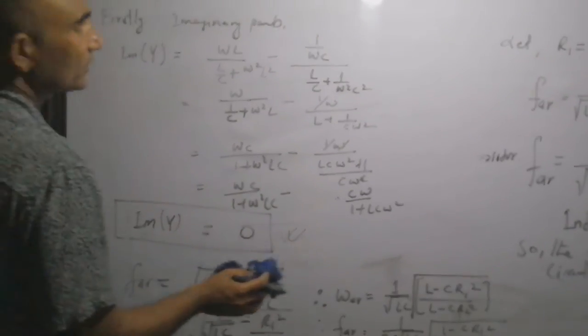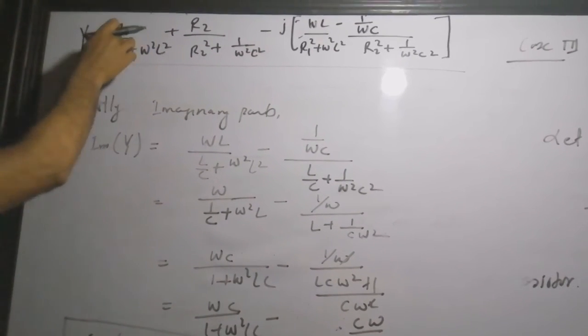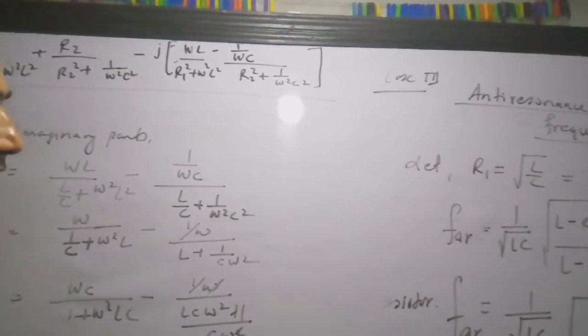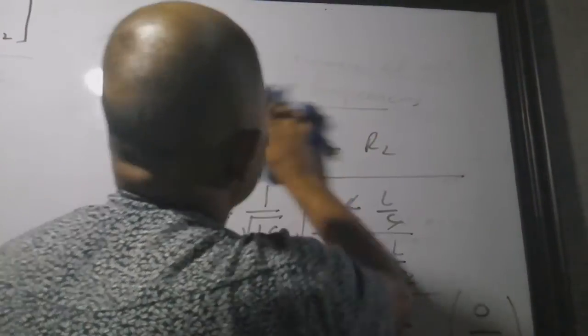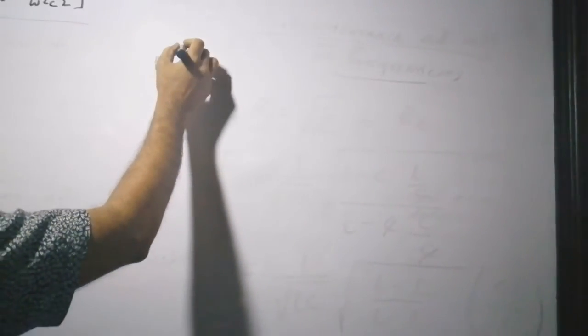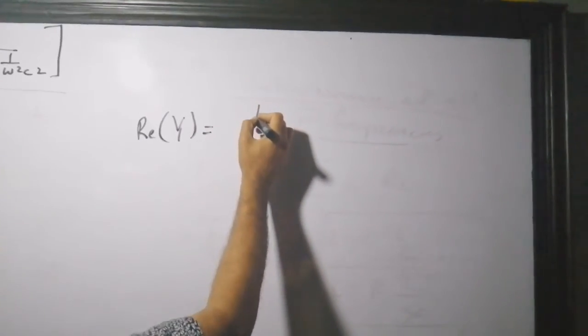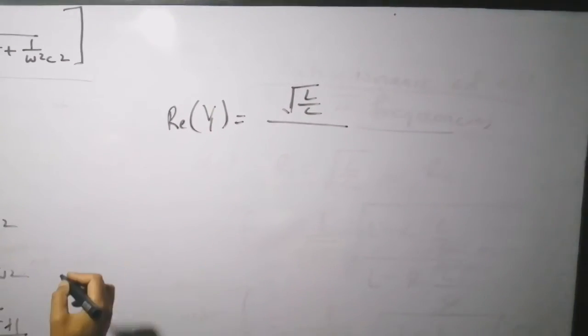And if you want to further get the value of admittance at this frequency, then we can put the values of R1 and R2 in this and simplify. Okay, and so again I need the space. You can pause the video anytime and copy. I want to find the real part of that admittance, and so that will be equal to, with R1 being, I told you, root L by C, so I take here root L by C, and here is R1 square.